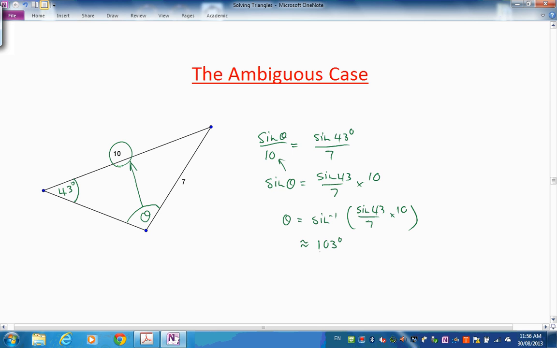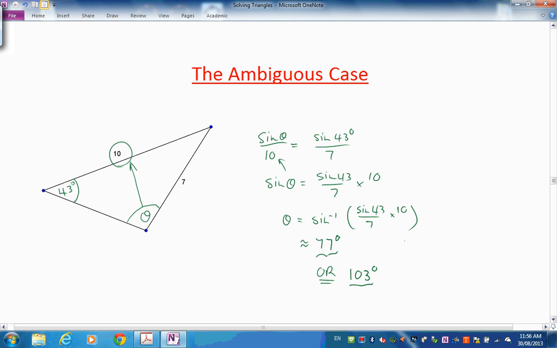I'll round it off. Approximately, I've just messed the problem up. It's approximately 73 degrees. Okay, but it could be, or it could be 180 minus that. Hang on, 77 degrees. I just looked up on the calculator again. Could be 77 degrees or 103 degrees.